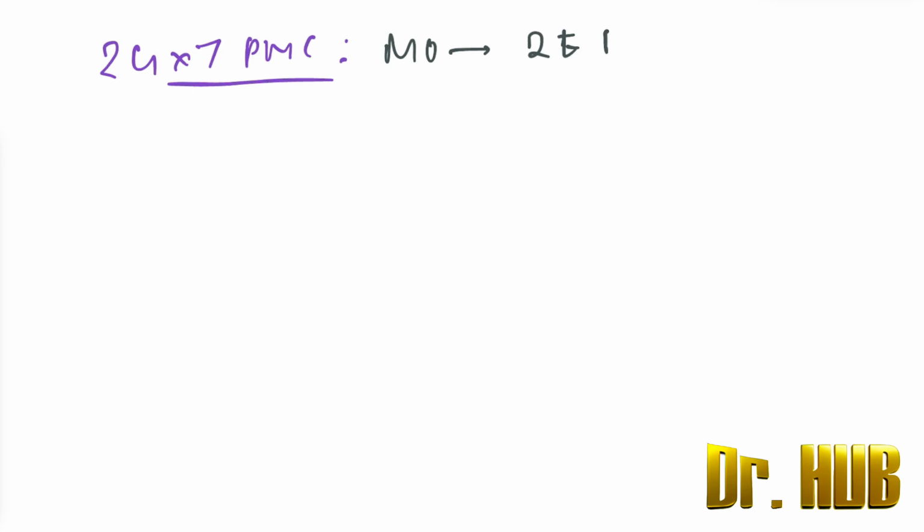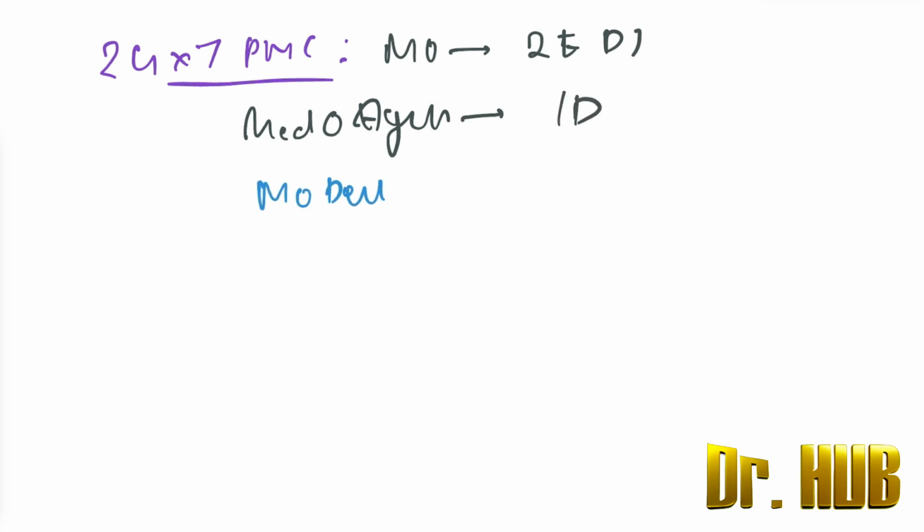Next, let's look at the 24/7 PHCs. In 24/7 PHCs, the MBBS medical officers should be 2E, 1D, and the medical officer Ayush is going to be 1D. Next, the MO dental is going to be 1D.